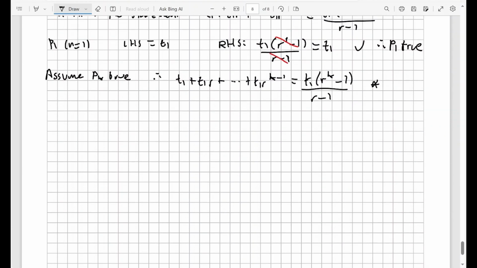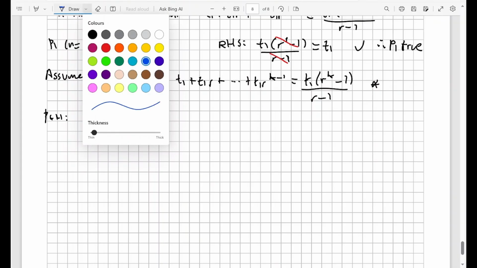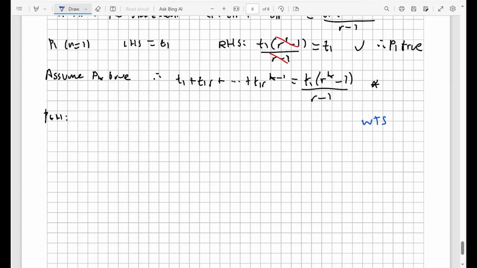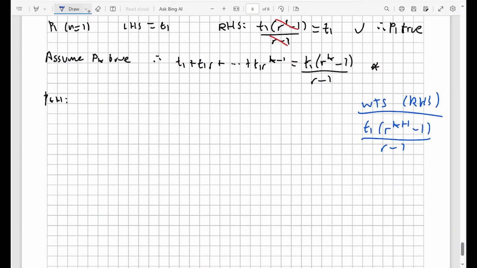All right, so basically, now we got to look at another bit. Pk plus 1, and we'll do our want to show. Want to show, or in other words, the right-hand side should look like this. T1 R to the k plus 1 take 1 over R take 1. That's what we're trying to get to from the left-hand side, which is all this stuff.